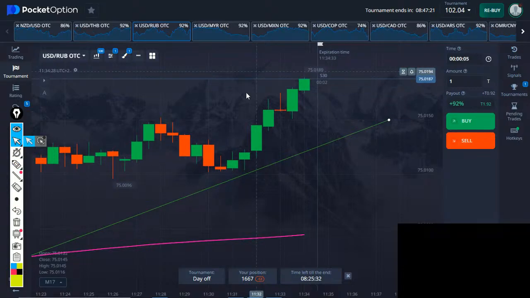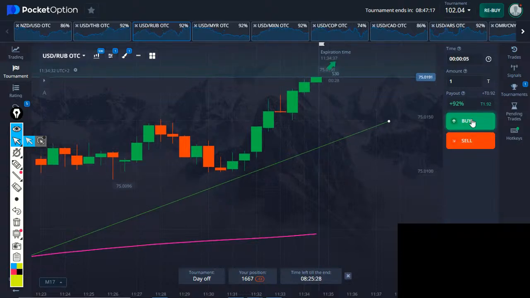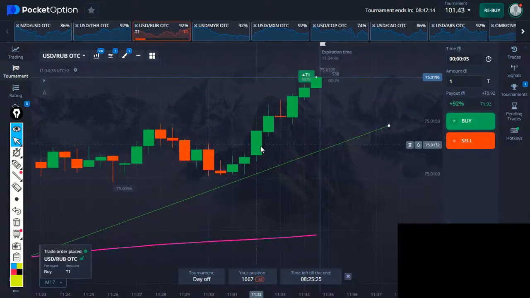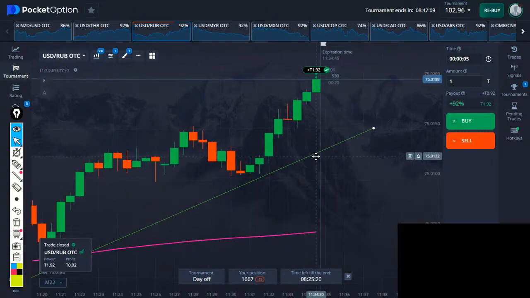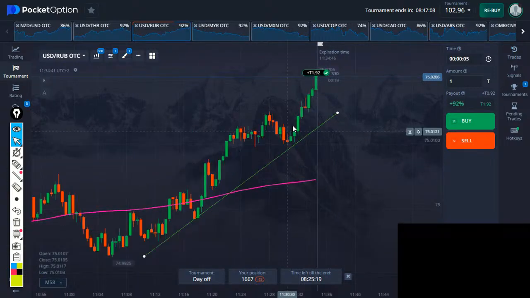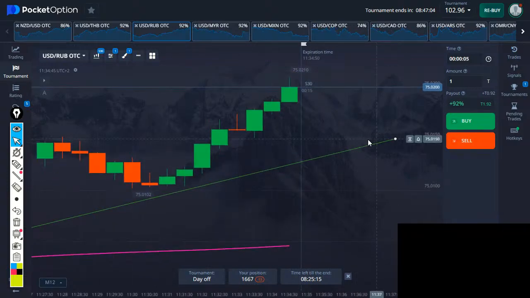Over here is the second best. So let's wait. We have green, green, powerful green. We go for a buy. Beautiful. See, we are trading with the trend. Let's wait for the next bar to open.